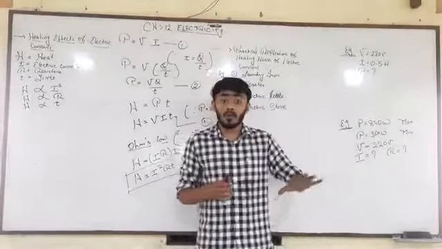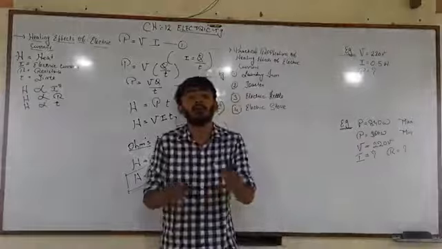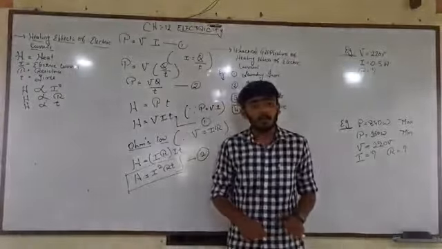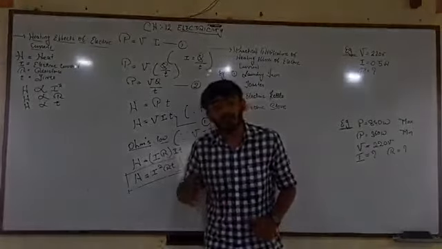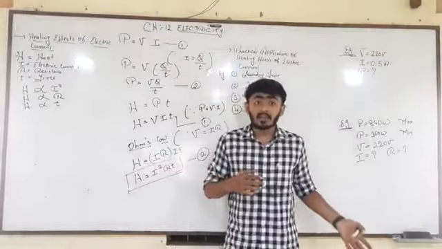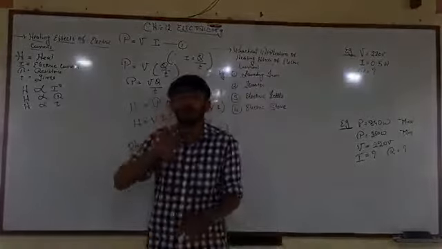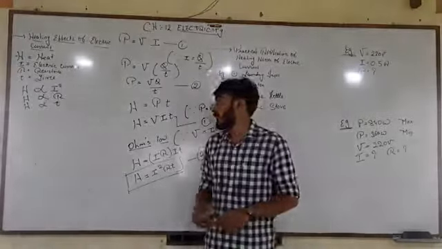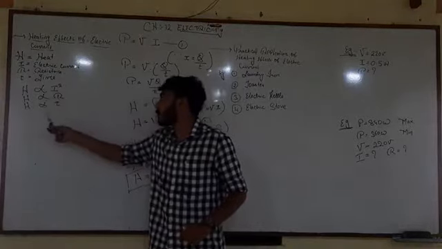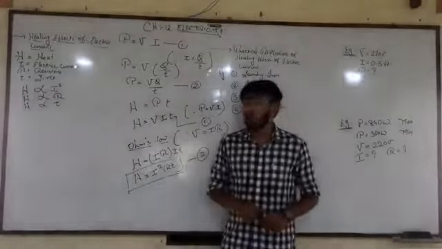If we want to find the electric current required for 9 joule of heat, it will be the square root of that, that is 3. So H is proportional to I square, H is proportional to R, and H is proportional to T. I hope you are okay with this.